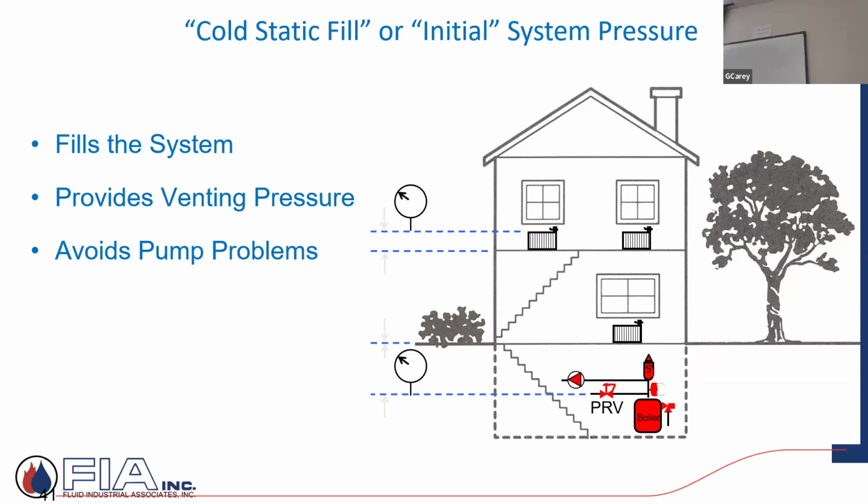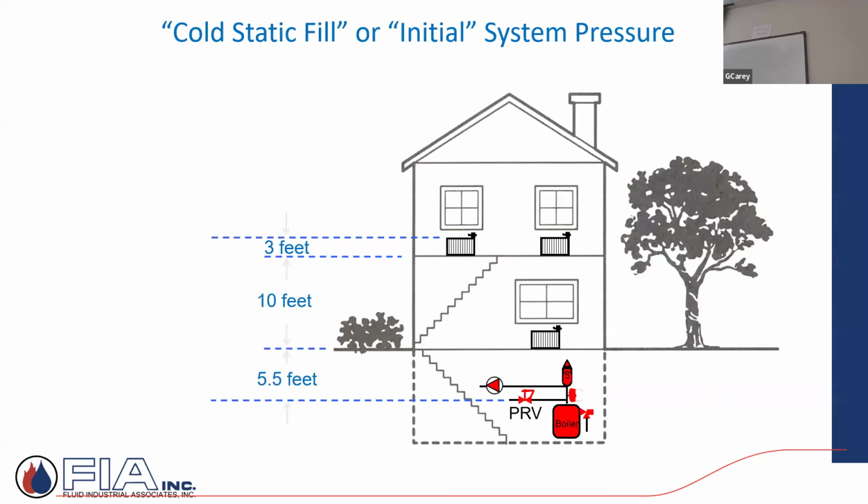And then this last thing, not that common, but maybe avoid some pump problems. So just real quick, very simple, a little two-story house perhaps. But we're applying some numbers and we're saying, okay, from that PRV valve up to the first floor, then up to the second floor to the radiation, and then to the top, because we've got radiators like these as opposed to maybe baseboard on the floor.